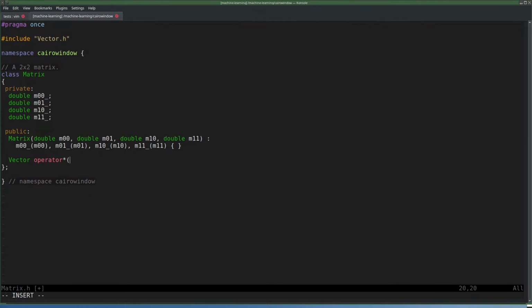Yeah, why not like that? Vector const reference v. So we have a vector result. We'll return that. Ah, bullshit. I just fill it all in directly.